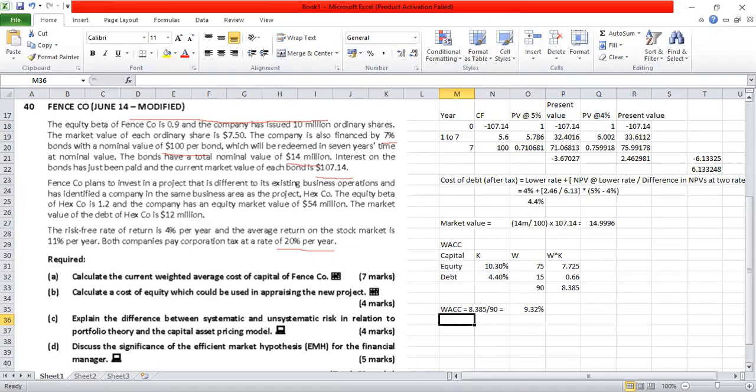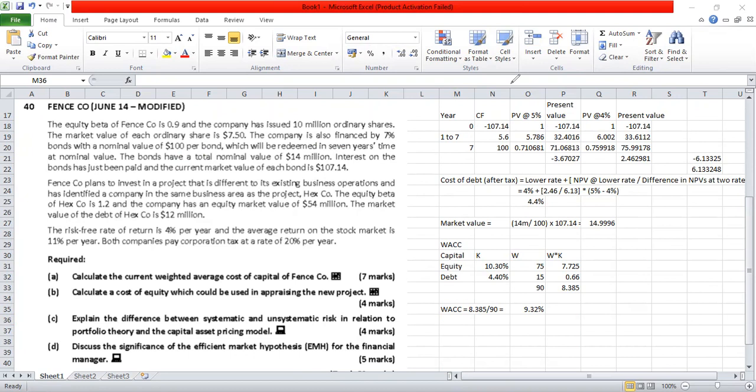Fence company, second paragraph, pay attention. Fence company plans to invest in a project that is different to its existing business operations and has identified a company in the same business area as the project, Hex company.